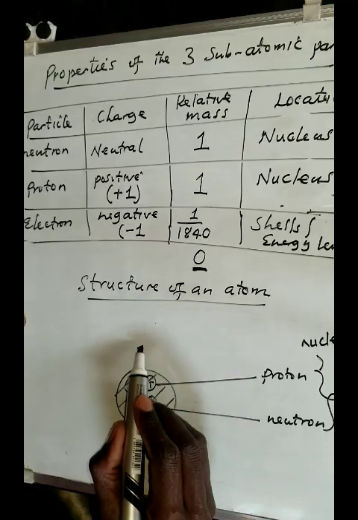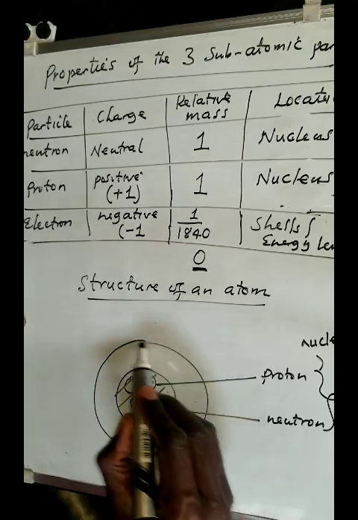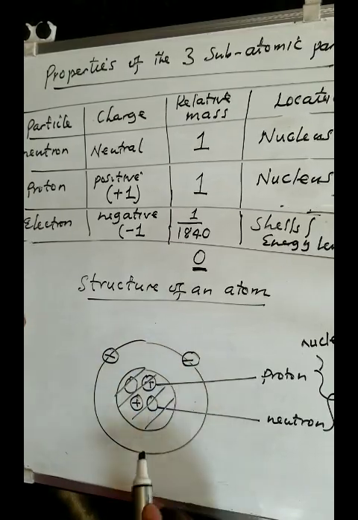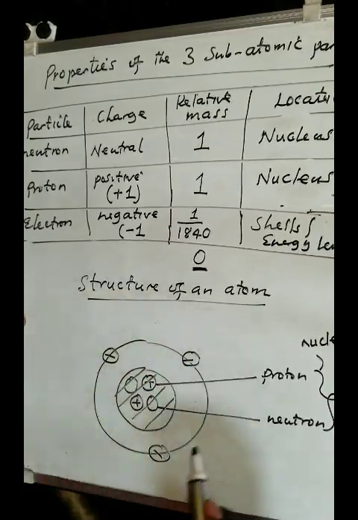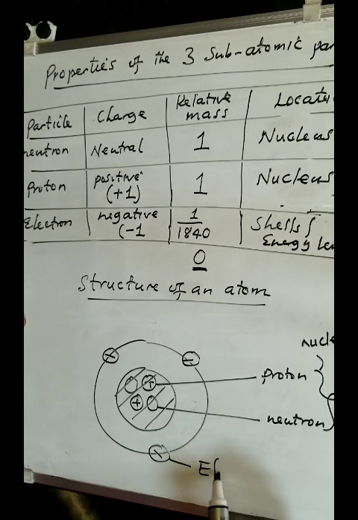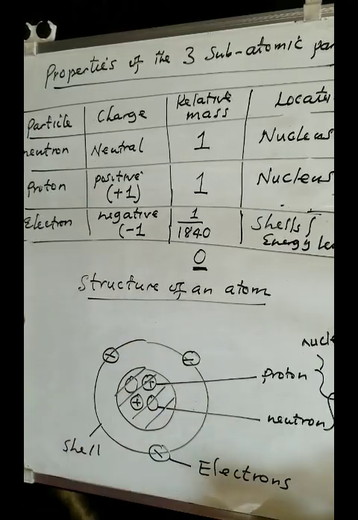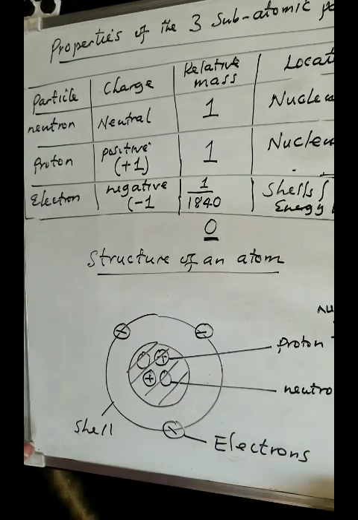Then surrounding the nucleus are the shells, where those particles that are negatively charged orbit at a very fast speed, and these are the electrons. So this is what you need to remember when it comes to an atom.